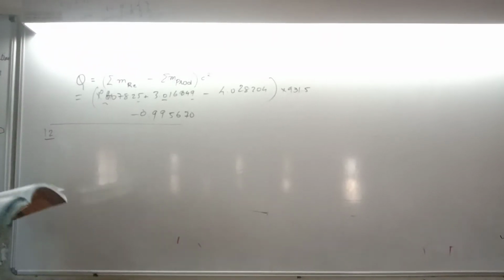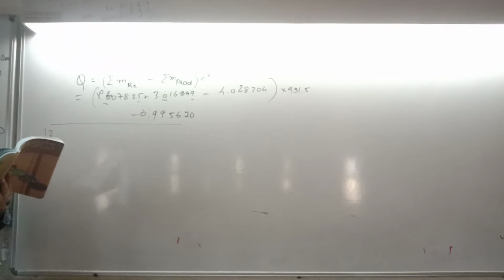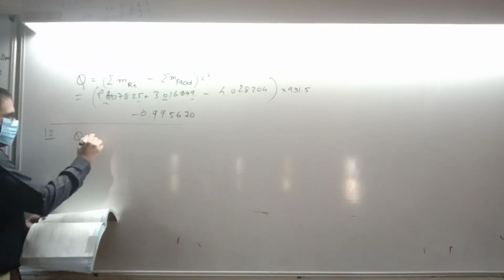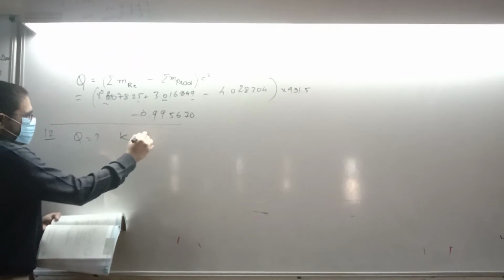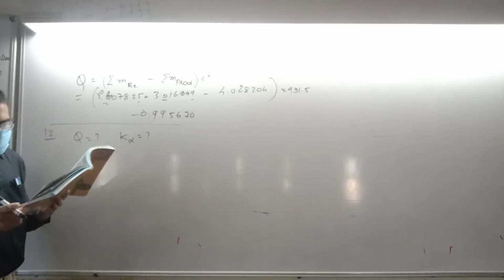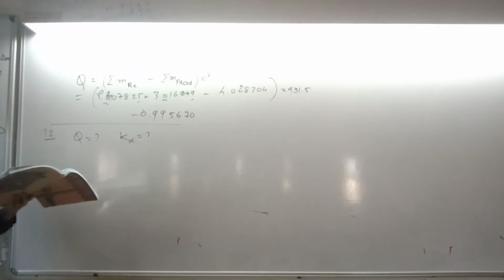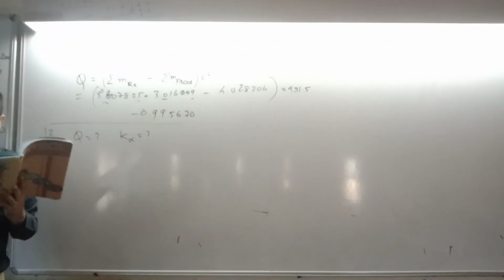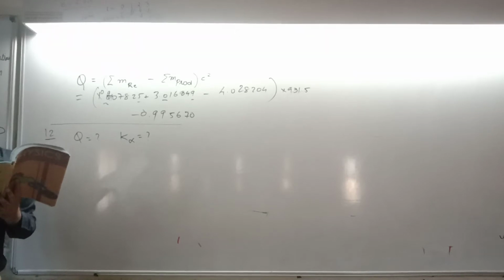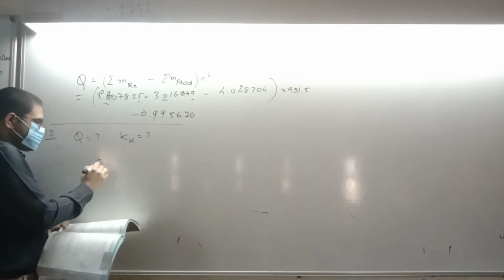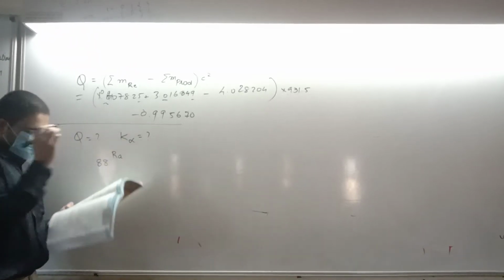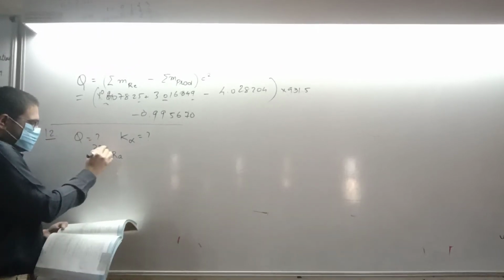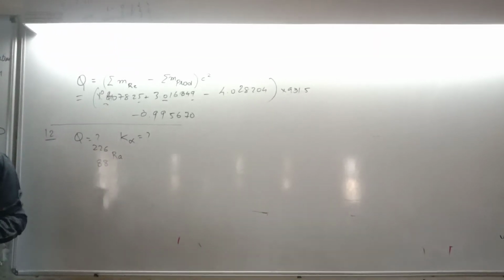Find the Q value and kinetic energy of the emitted alpha particle in the alpha decay of 88Ra226. So first of all we have to write the reaction.